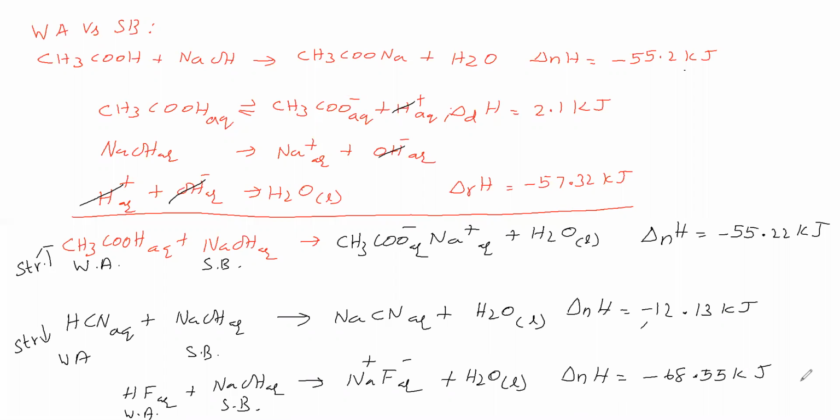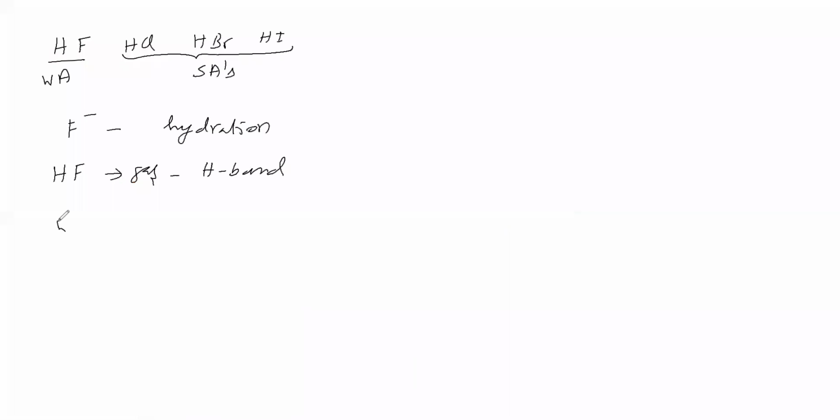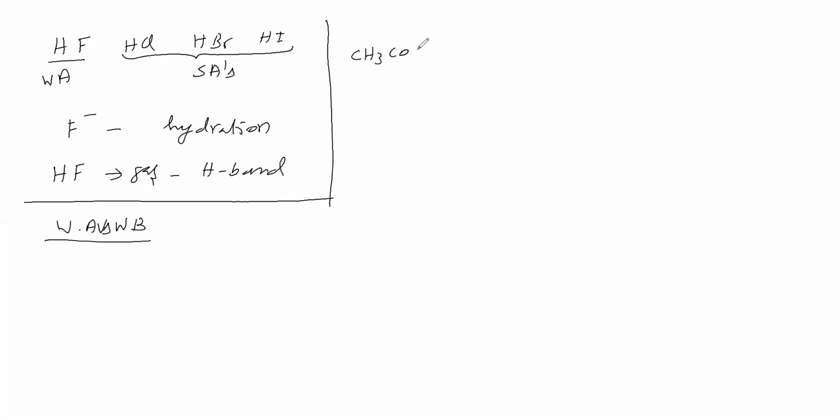Okay, now we will take weak acid versus weak base. The weak acid is acetic acid and the weak base is ammonium hydroxide. Both react to give the salt, ammonium acetate, and water.